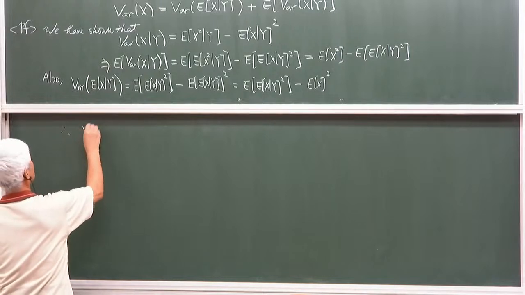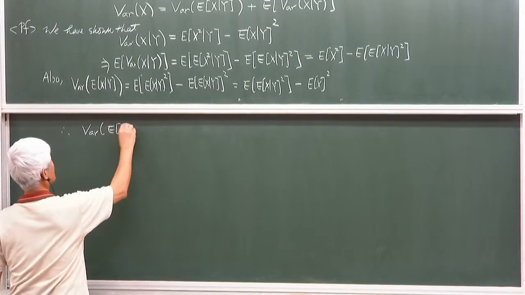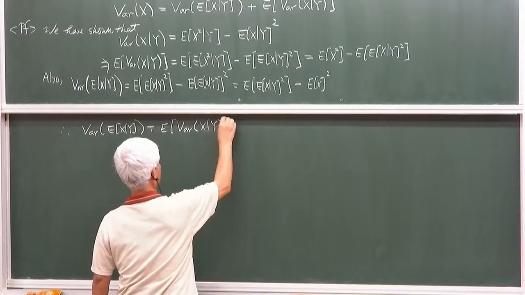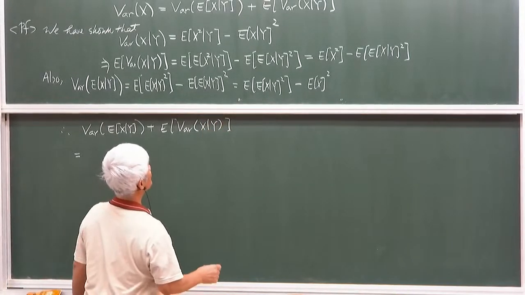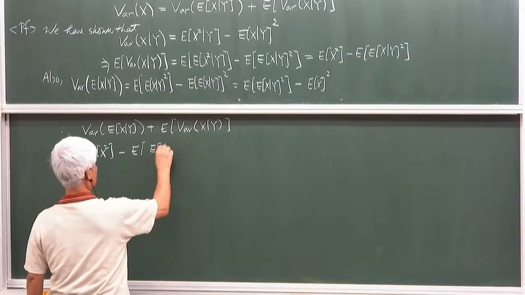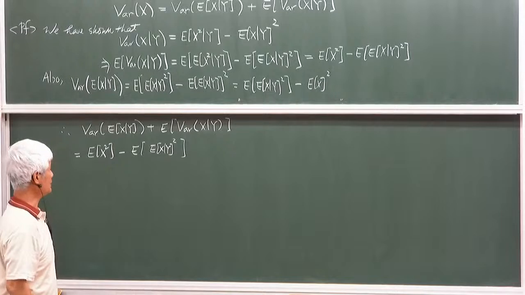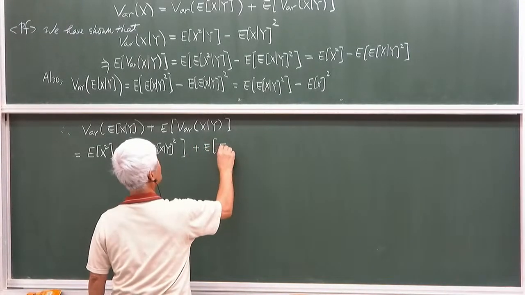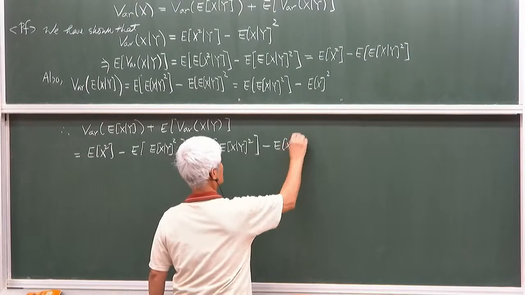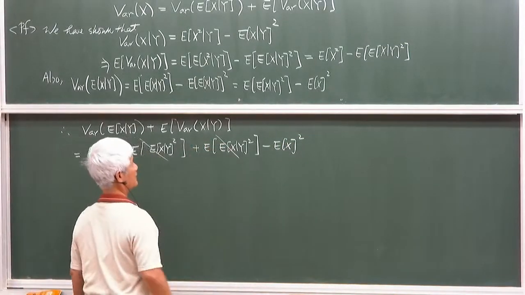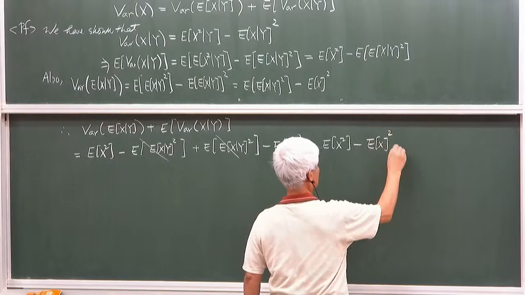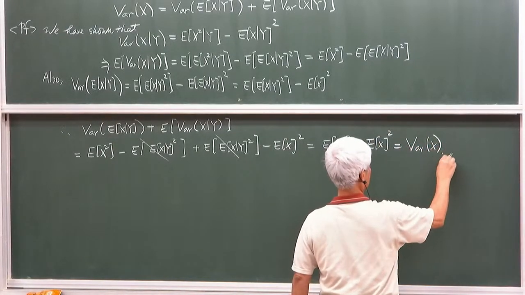So the variance of the conditional expectation plus the expectation of the conditional variance of X given Y is equal to the expectation of the square minus the square of the expectation, and then you can cancel the extra terms, so that this is the second moment of X minus the square of the expectation of X. So this is the variance of X, and we have done.